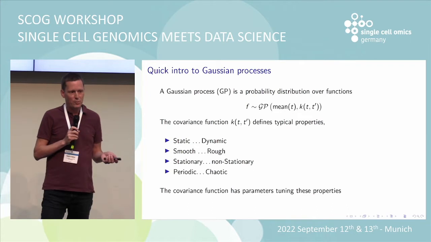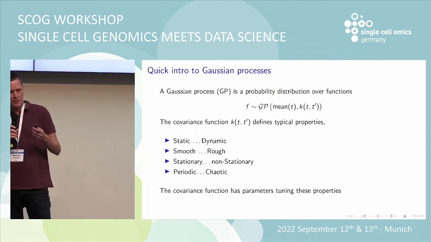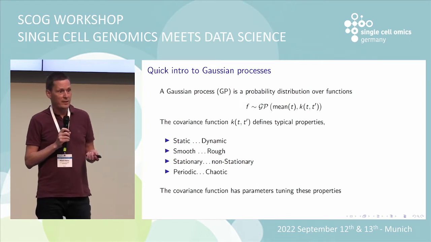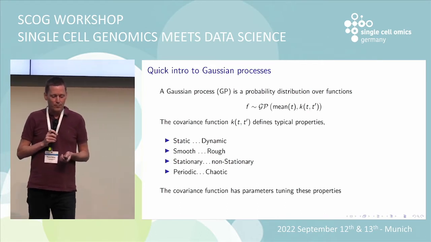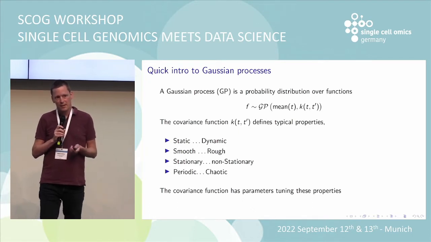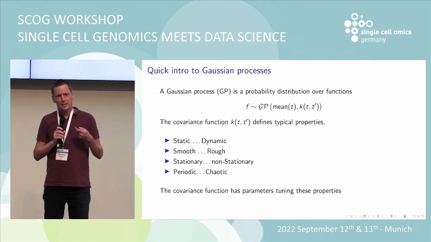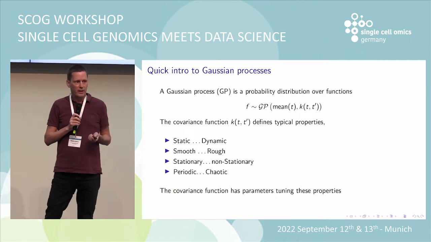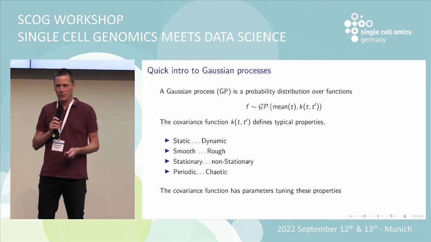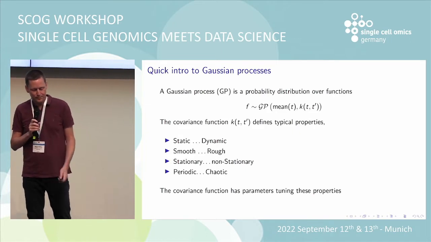They could be smooth, or they could be rough. They could be stationary or non-stationary, or they could capture things like periodicity. So the covariance function controls these properties and gives us some kind of prior knowledge input into our machine learning or our statistical inference.